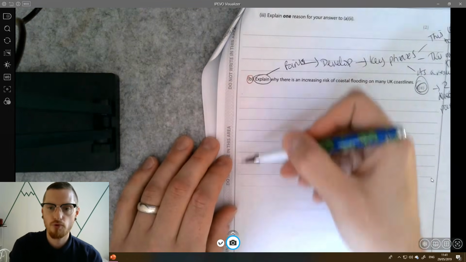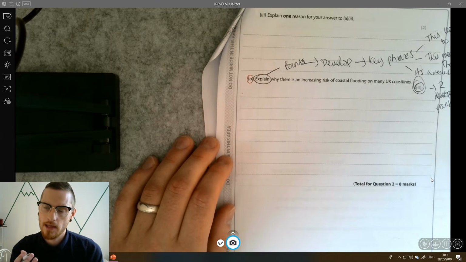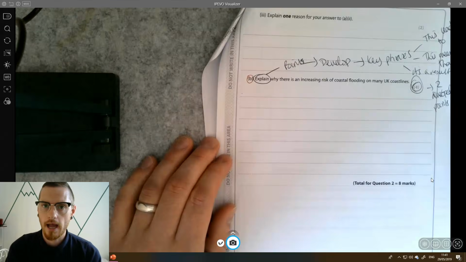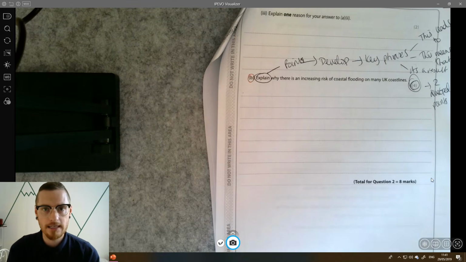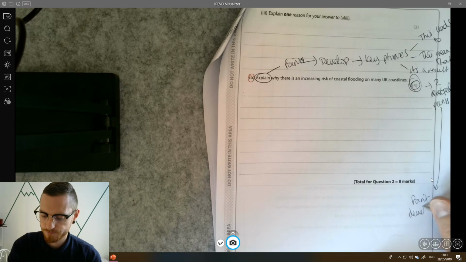Or, because it hasn't broken it down, it hasn't said to me that I need to explain it in 2 ways, or given me numbers to state that I need 2 points, I can get this via 1 point developed 3 times.